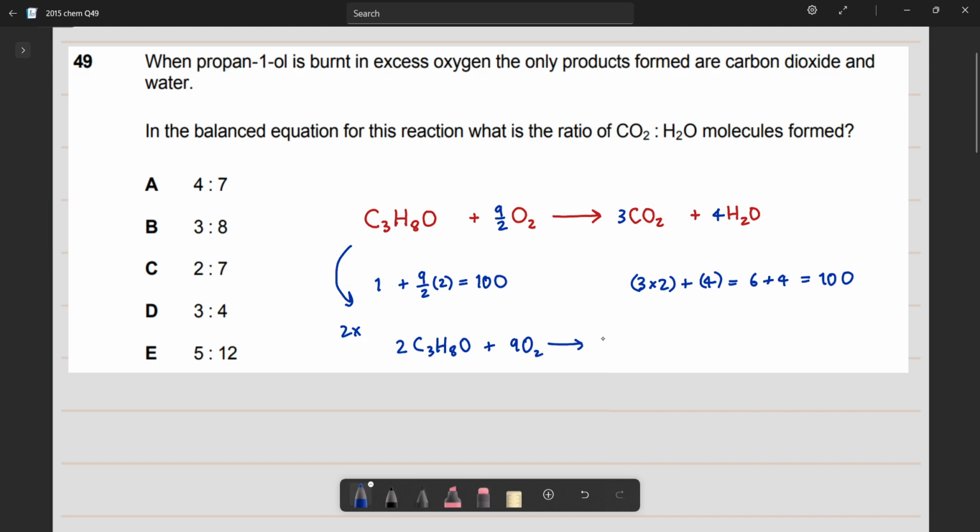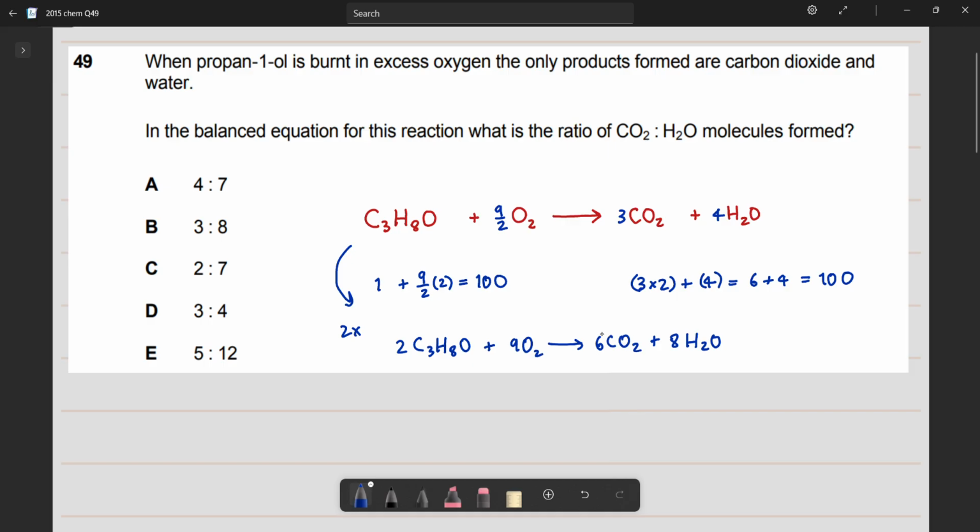This will give us 6 carbon dioxide and 8 water molecules. But we already know that none of the given options states this ratio.